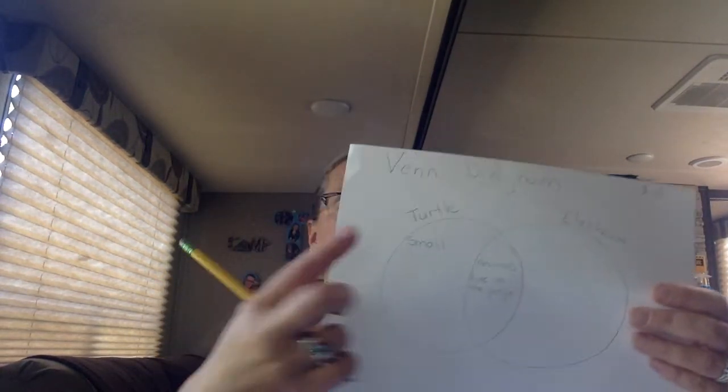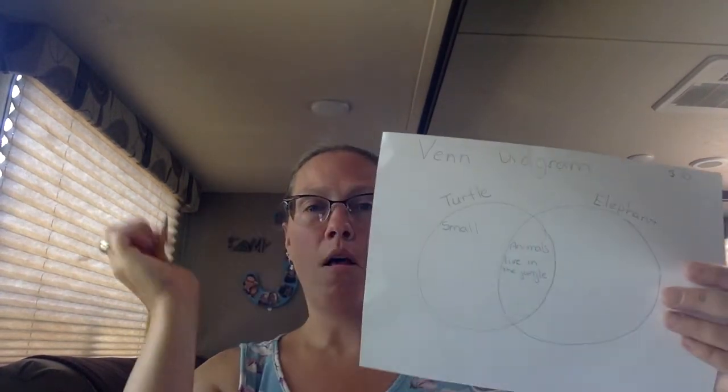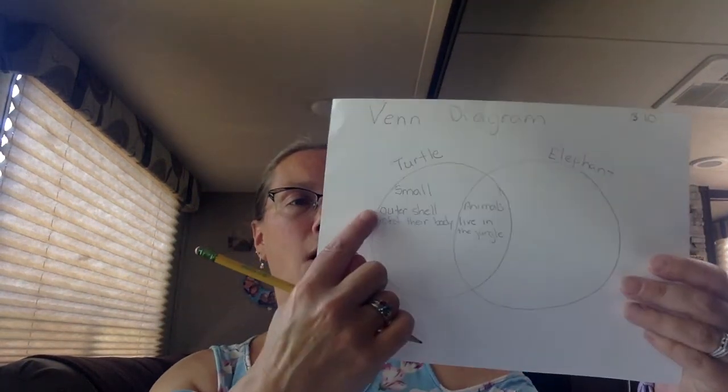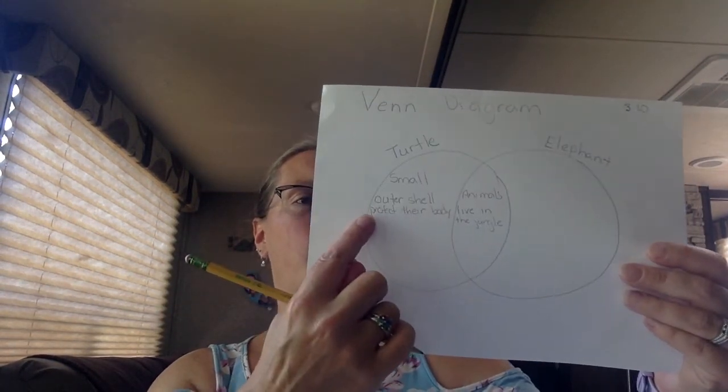A turtle is a small animal. I'm sure that somebody said that turtles have an outer shell to protect their body. So I wrote that down there also. Outer shell, protect their body.